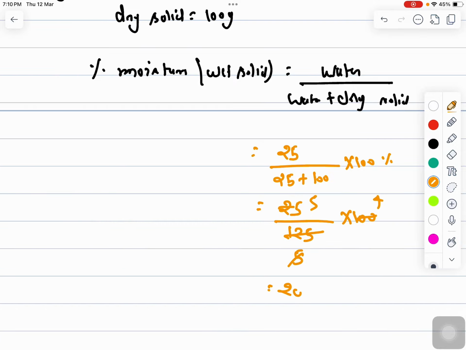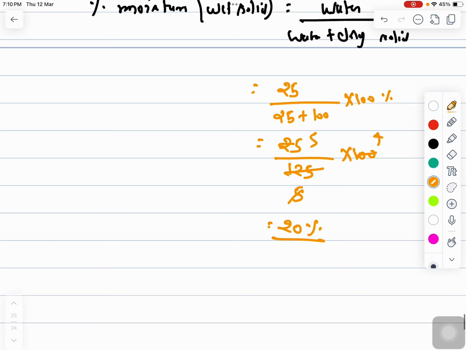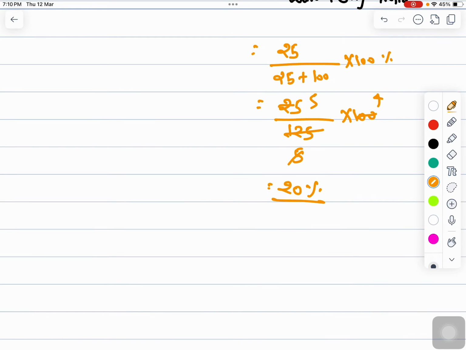So that will give you an answer of 20%, right? So this is the moisture content that you have calculated based on the wet basis. Okay, I hope this is clear to all of you.